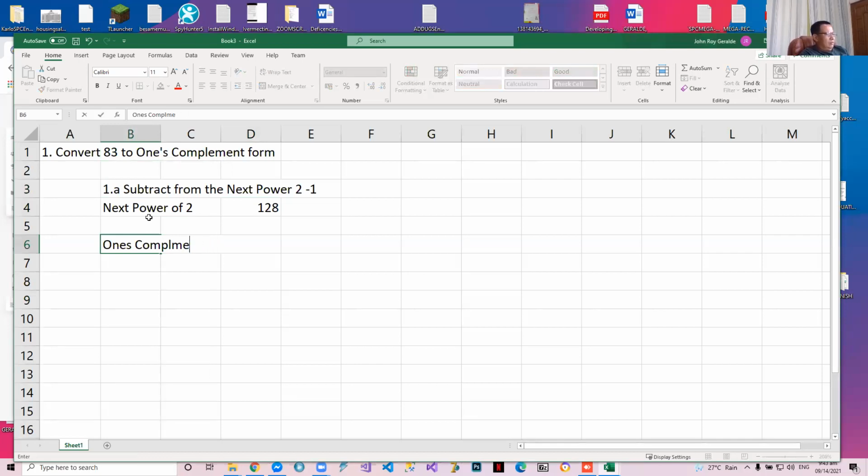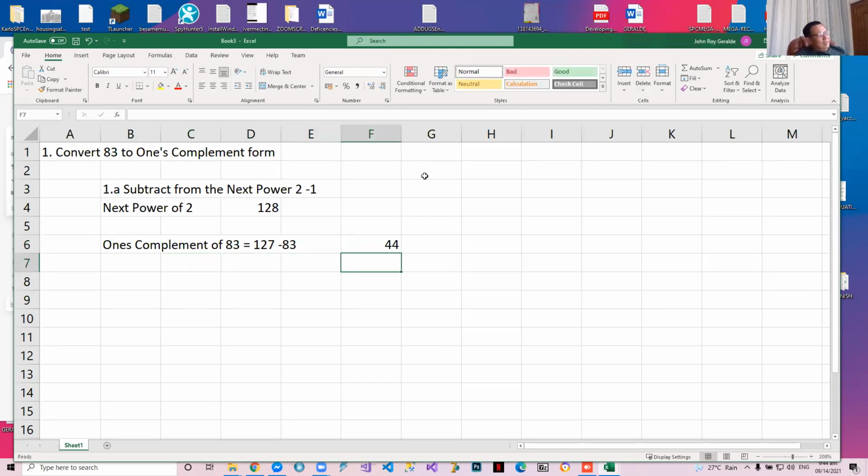Okay. So we know right away that the 1's complement of 83 is equal to 127 minus 83. Right? 127 minus 83 equals 44. You follow? You can use your calculator here. It's 44. And then the next thing to do is convert 44.